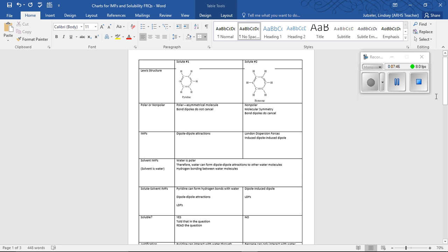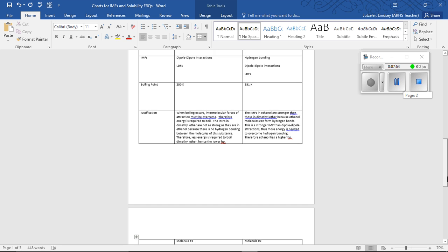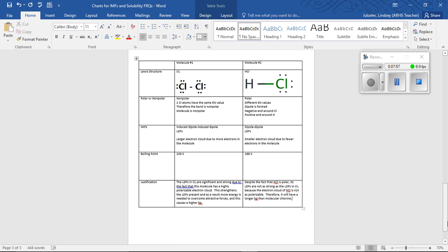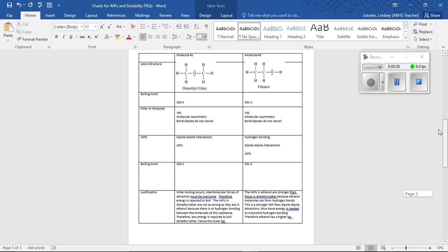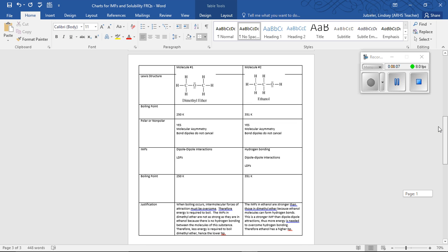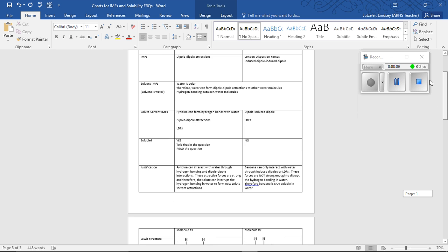And even with the solubility question, Lewis structure, polar, nonpolar, IMFs. So all of your charts start out that way. For your boiling point questions, after you list IMFs, then I would list the boiling point and then explain the difference in the boiling points based on the IMFs. And so I did that here again for part B of that question.